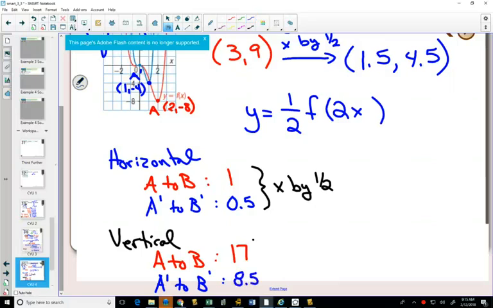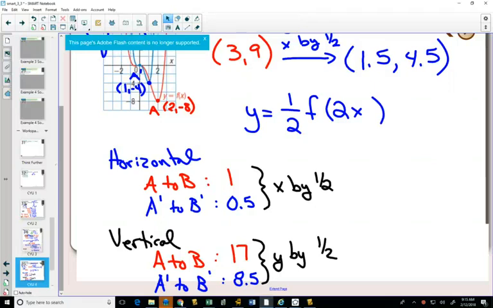That's up 8.5. Again, this is vertical, so how do I change a 17 to an 8.5? I multiply y by a half. We got the same values.